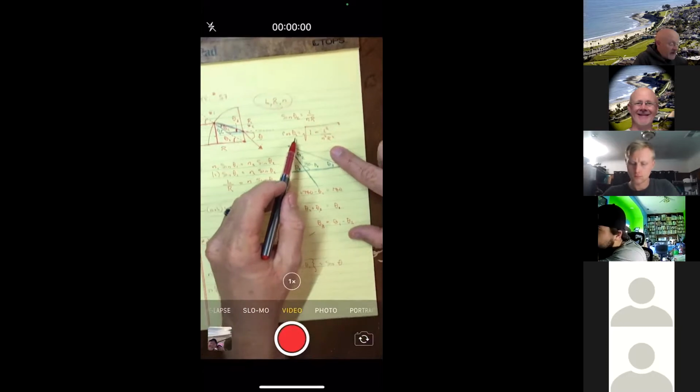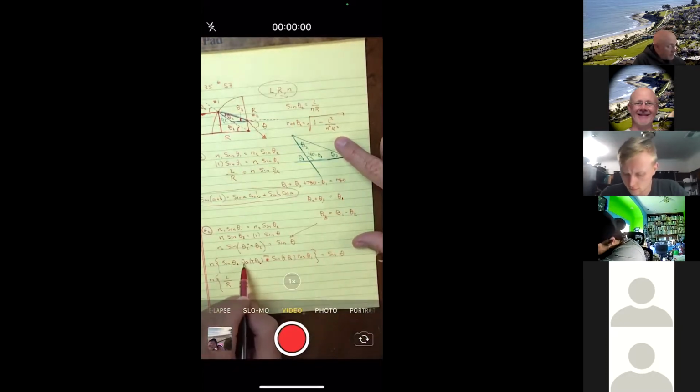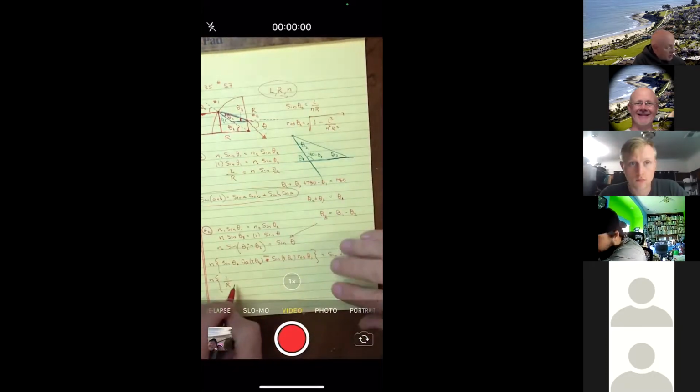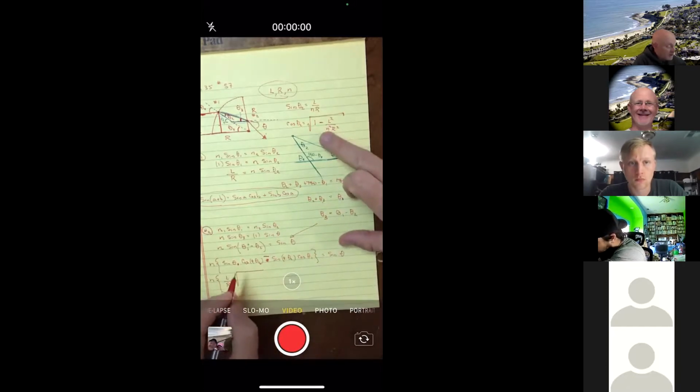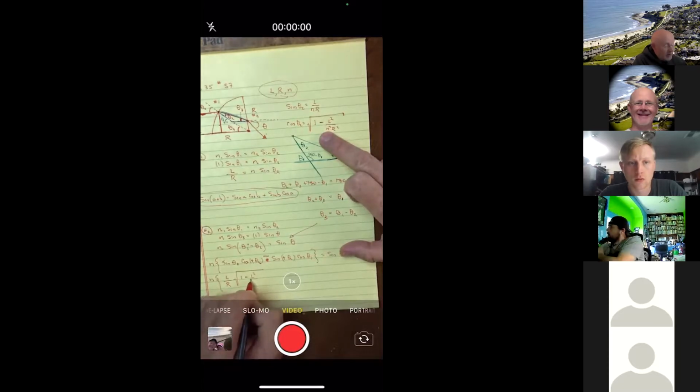And so I think that's what I want right here. Cosine of theta 2 is the square root of 1 minus L squared over N squared R squared.